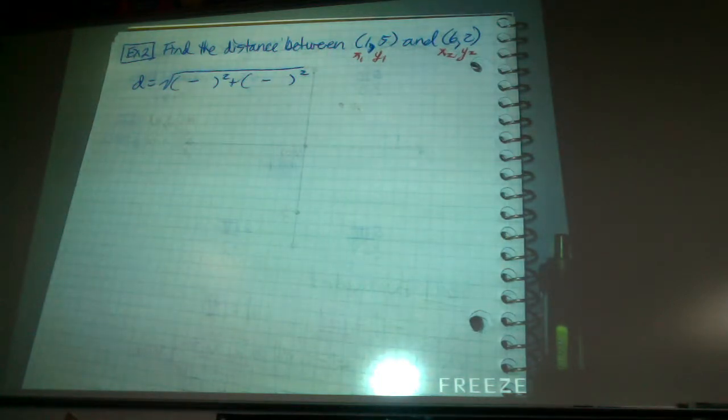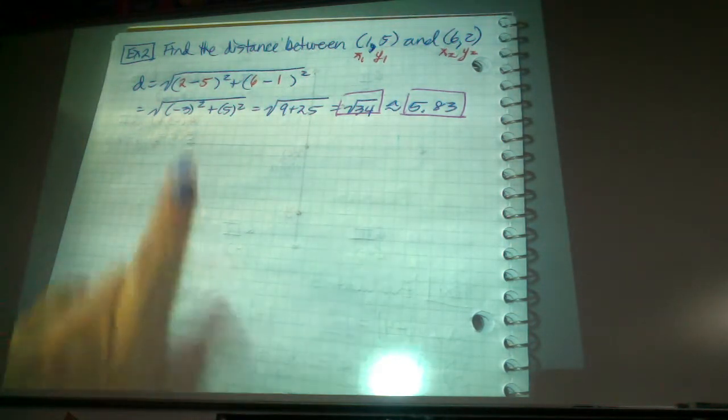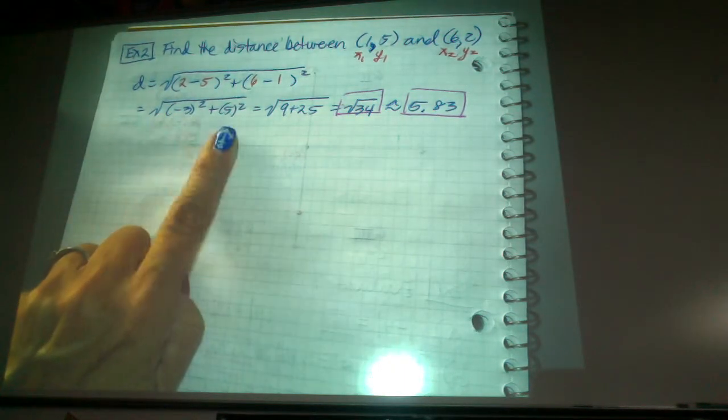Now you have to pay attention to your directions on your homework to see do they want the exact answer or do they want a rounded answer. Now if you reversed your numbers, you had the 5 first and the 2 second, the 1 first and the 6 second, your signs are going to be the reverse of mine.